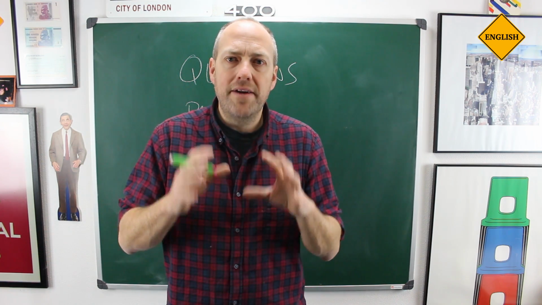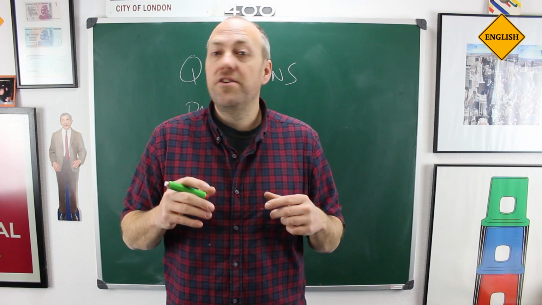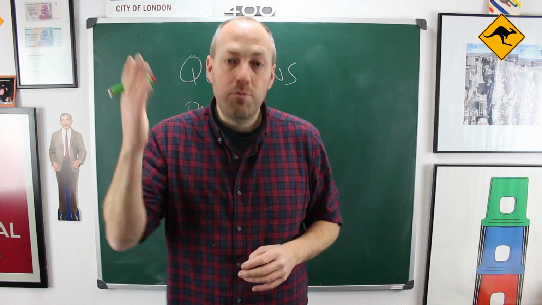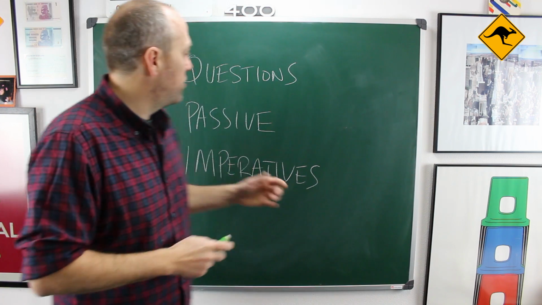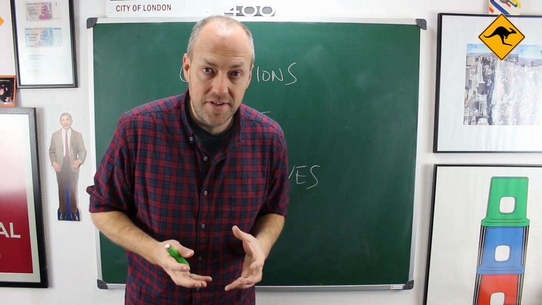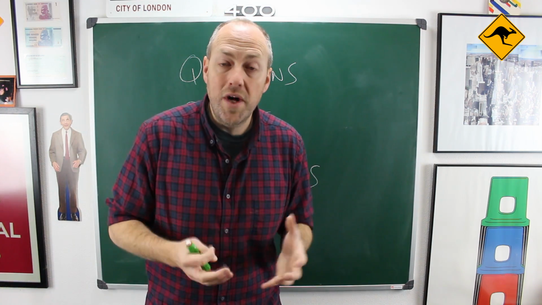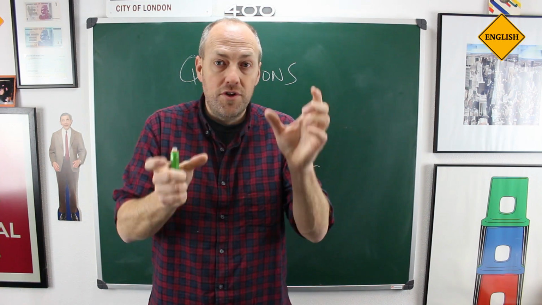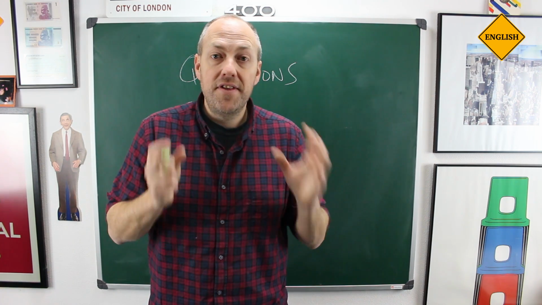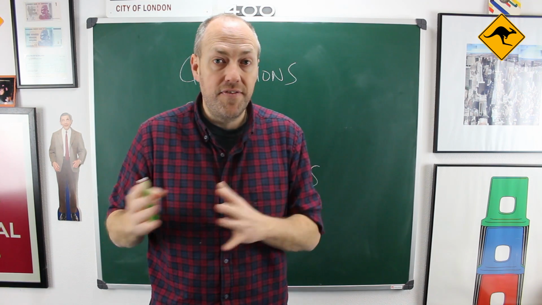Now let's talk about situations where it's obligatory to break the SVO rule. Okay? So, for example, in questions, when we make questions in English, we use inversion, okay? And this inversion breaks the SVO rule.